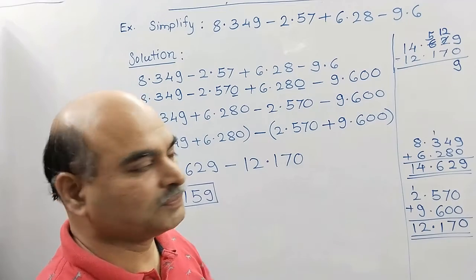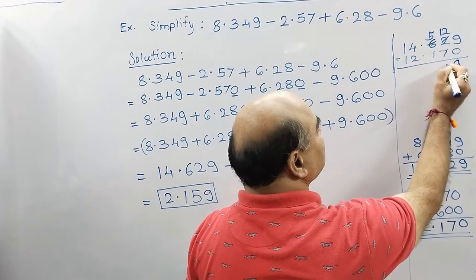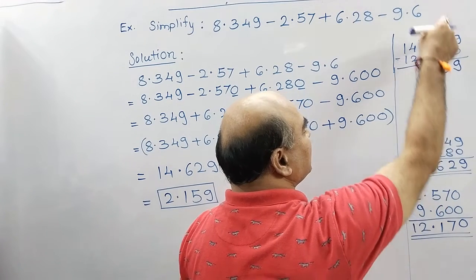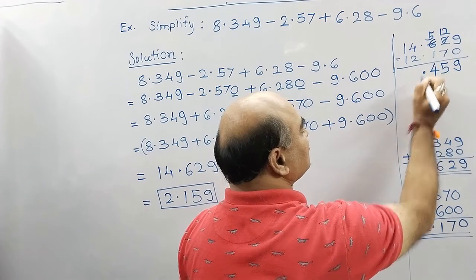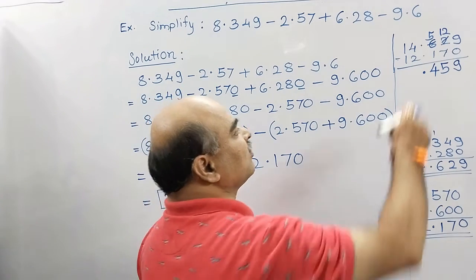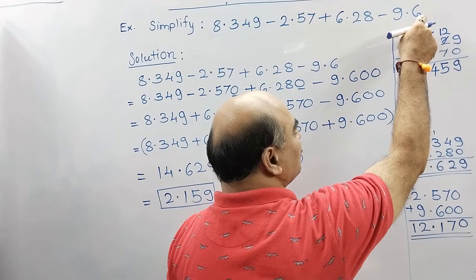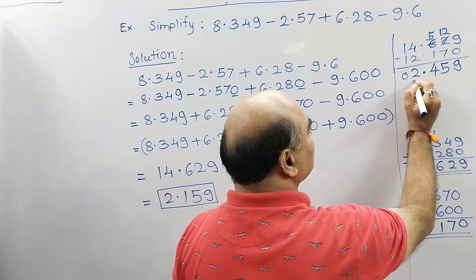Is that clear to you? Now 12 minus 7 is equal to 5. Then 5 minus 1 is equal to 4, and the decimal point is given as it is. Now 4 minus 2 is equal to 2 and 1 minus 1 is equal to 0.